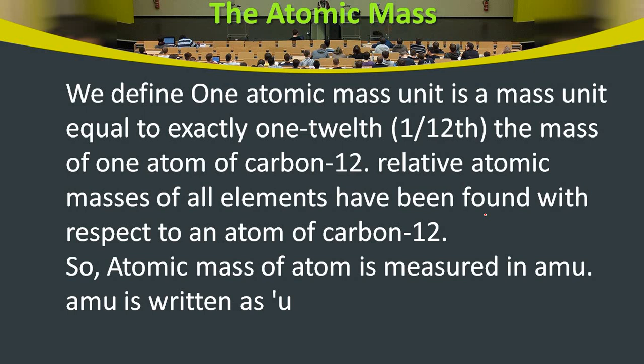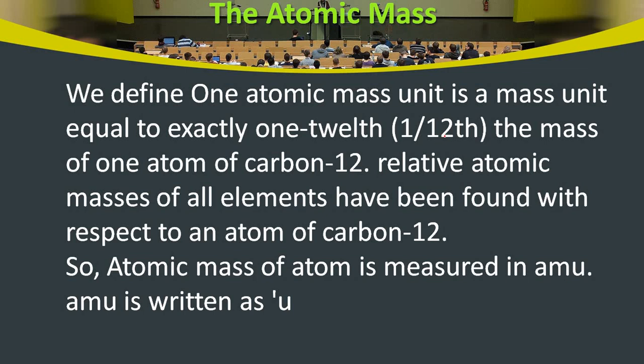Next is the very important topic, that is atomic mass. The Dalton atomic theory suggested that each element has a distinguished atomic mass. With this theory, the law of constant proportion could be explained. But it is indeed difficult to evaluate the mass of an element since the size of the atom is very small.